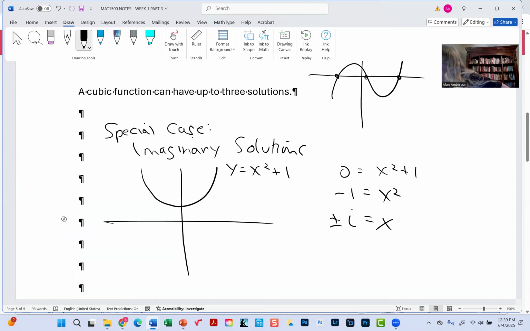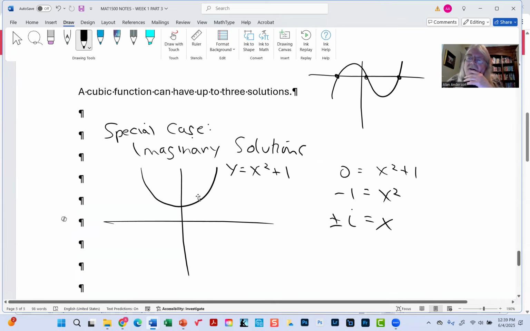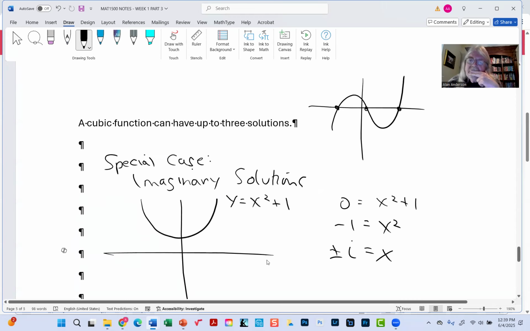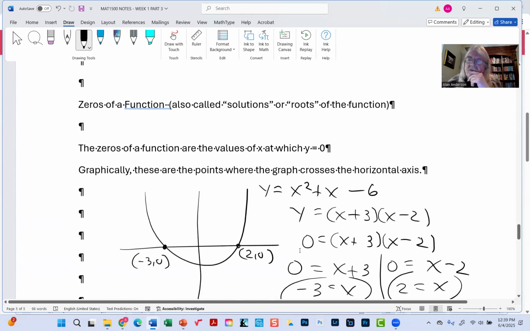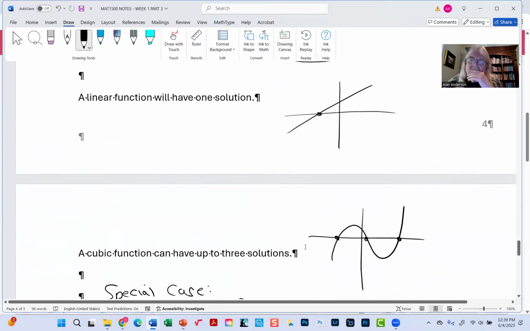Oh my God. The solutions or zeros or roots are both imaginary numbers. Now that will happen if the parabola never quite crosses the horizontal axis. So this is a very strange case because there are two solutions, but they're both imaginary. In these cases, they're all real, of course. So you're going to get this with some types of situations.